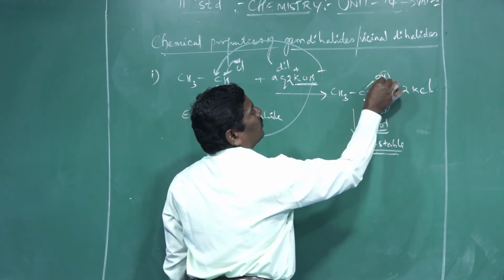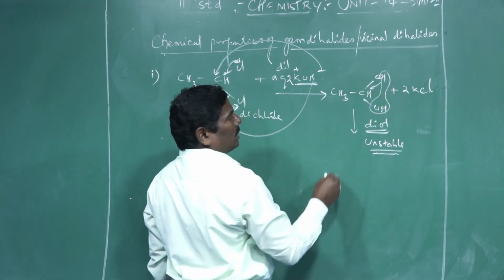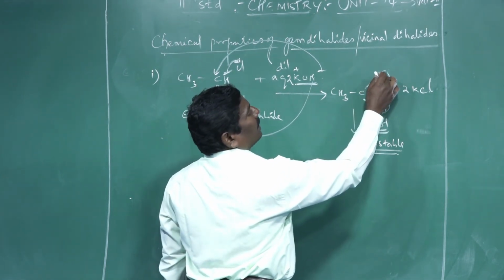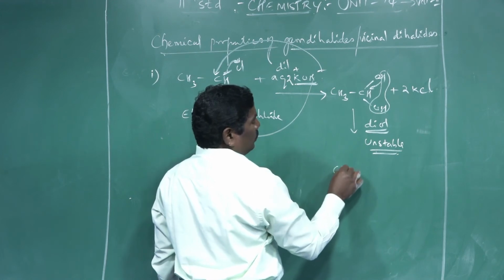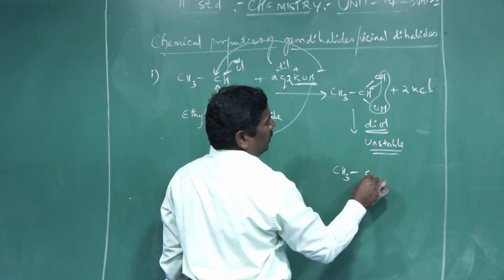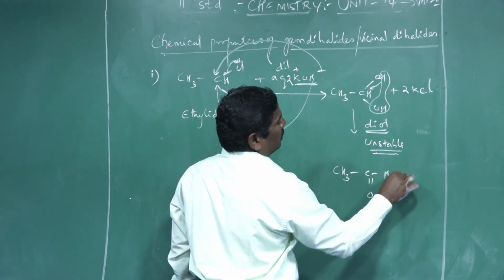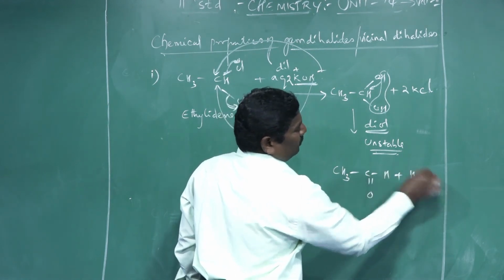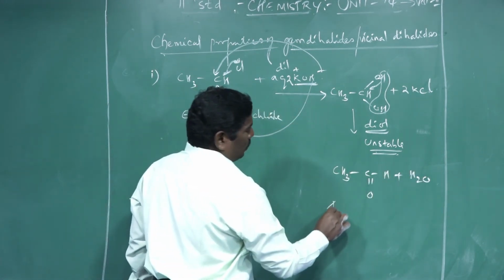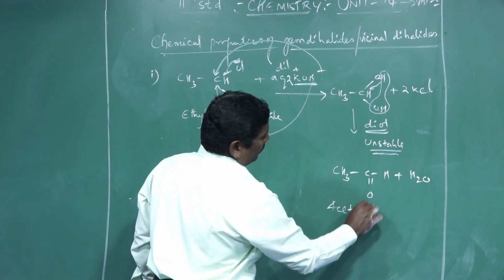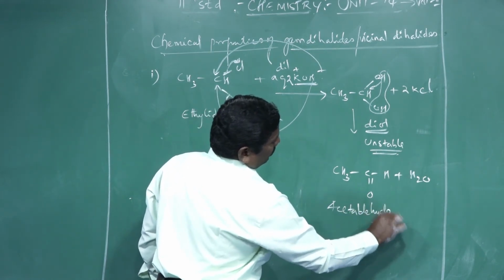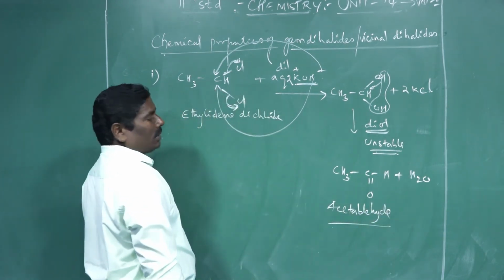Now the bonds shift here. The compound formed is CH3CH=O plus H2O. Actually this is called acetaldehyde, which is generated and formed.